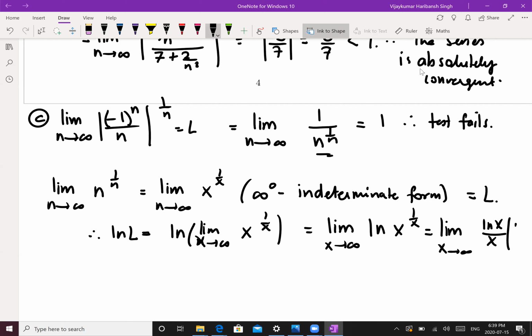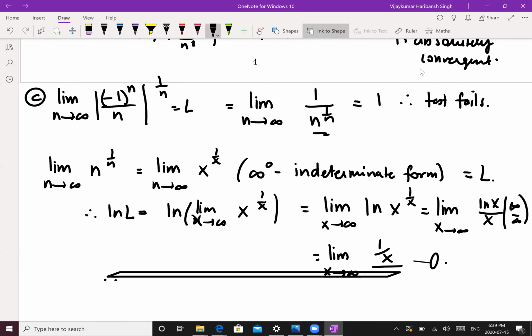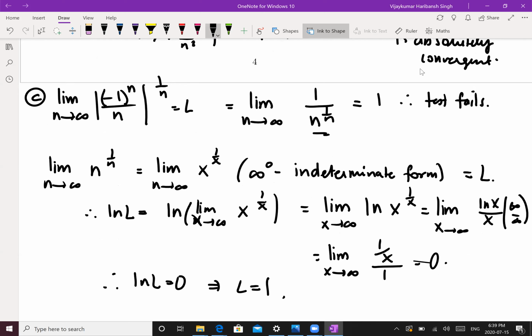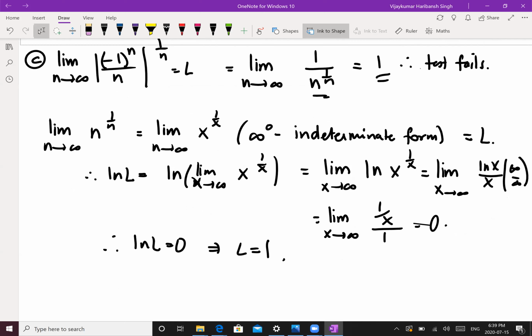Now again, this is the form infinity over infinity. When you apply L'Hopital's rule, you get the limit as x goes to infinity of 1 over x, since the derivative of ln x is 1 over x and the derivative of x is 1. As x goes to infinity this makes it 0. So therefore, ln L is 0. This implies L equals 1, so this limit is also 1. Therefore, the test fails.